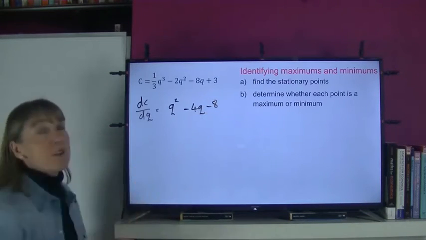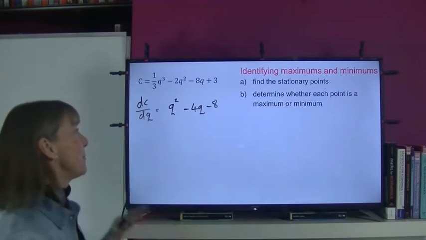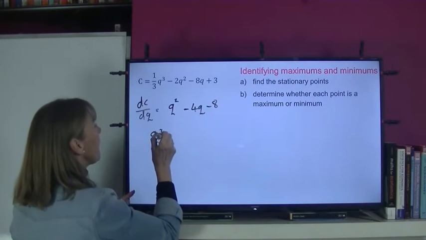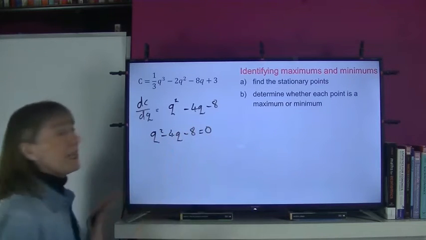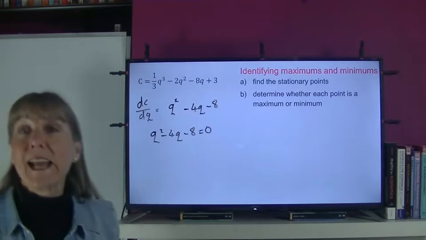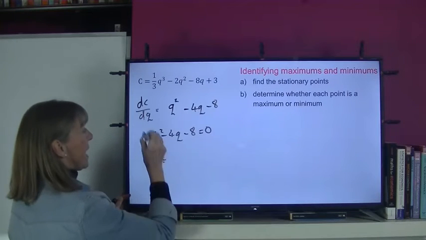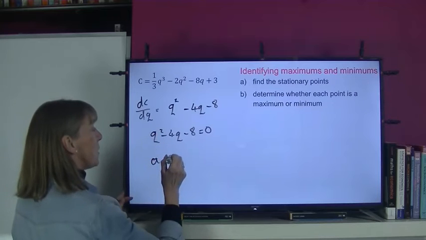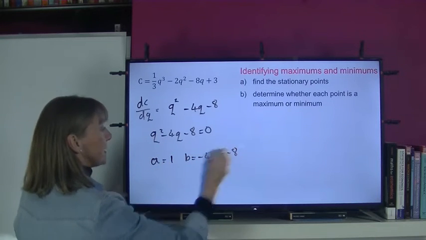So we're interested in the points where the derivative is equal to 0, because that's where the maximum minimum points are. So here's us setting that equal to 0 and recognising again that it's a quadratic. This time round, a, the coefficient of q squared is 1, b is minus 4, c is minus 8.